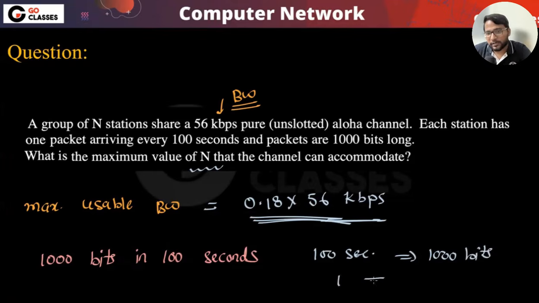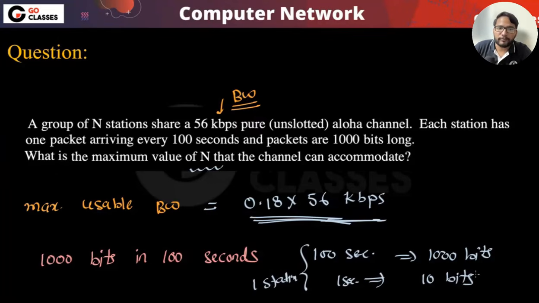So in 1 second, each one is sending how many bits? 1000 upon 100, which means 10 bits. So in 1 second, each one is sending 10 bits. This is just for one station. Is this fine to everyone?